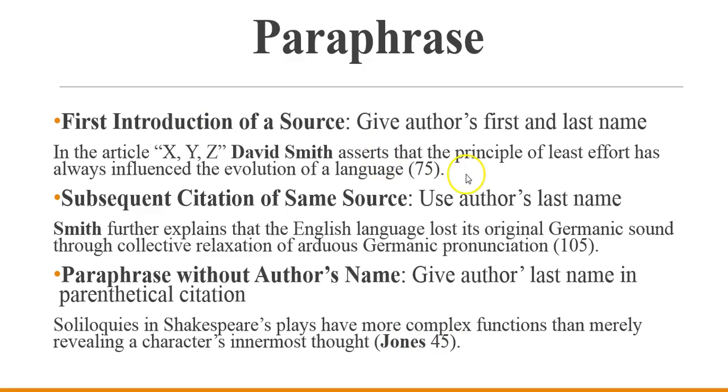Now, why is there not an author's name in this parenthetical documentation for this example? Well, the reason is that the author's name is already mentioned in the in-text citation itself.